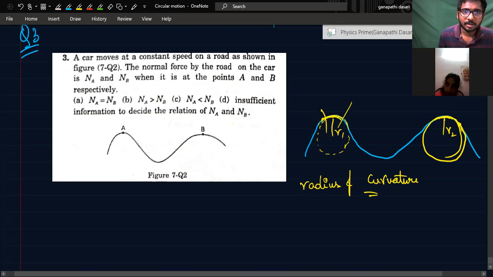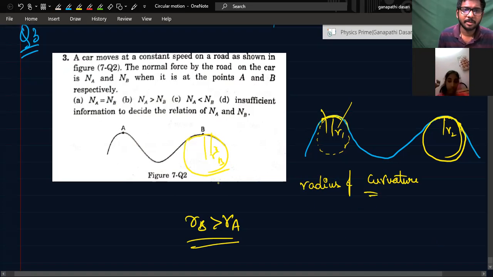Now this is a bigger circle, right? From the diagram we can say RB is greater than RA. Now you draw the free body diagram.